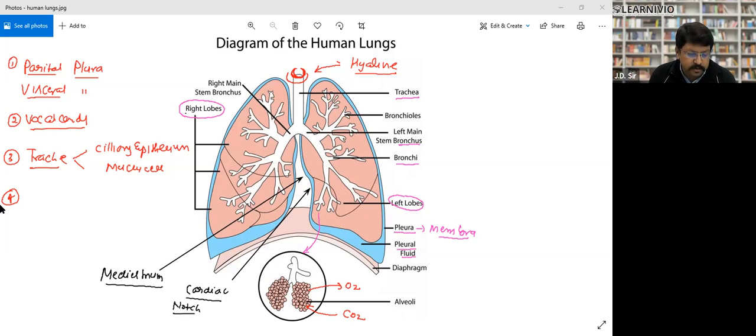At rest, breathing occurs around 14 to 18 times per minute in a normal man.